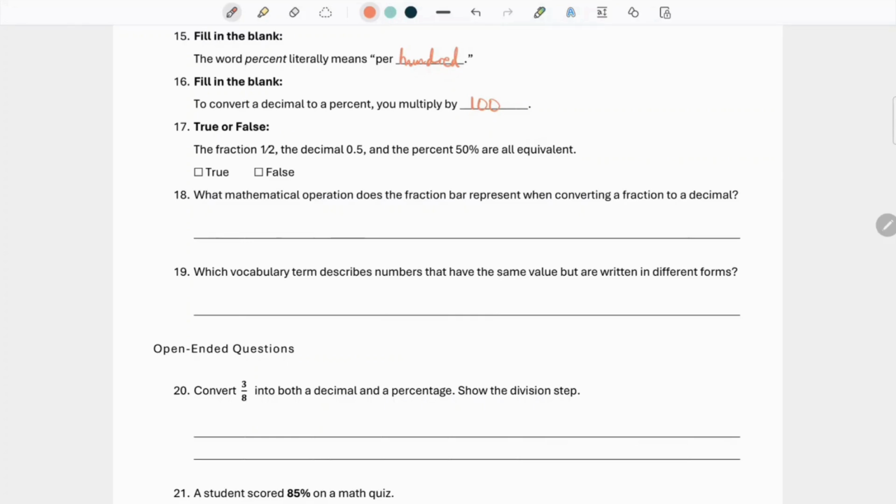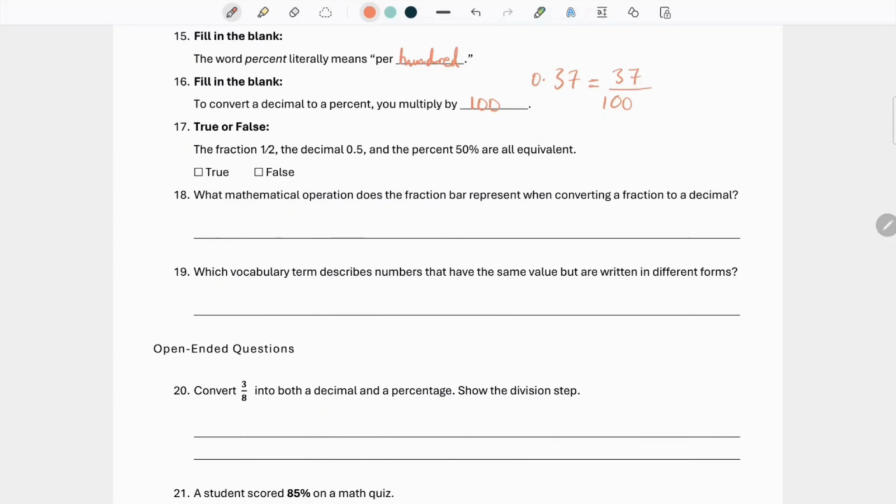We multiply by 100 because percent means per 100. So we're converting the decimal into how many parts out of 100. So for example, if we had 0.37, same as saying 37 over 100 or out of 100.